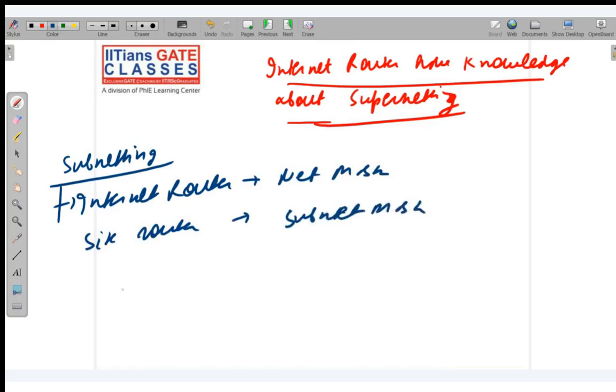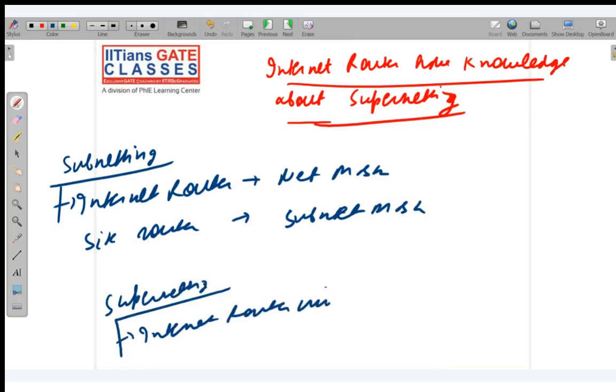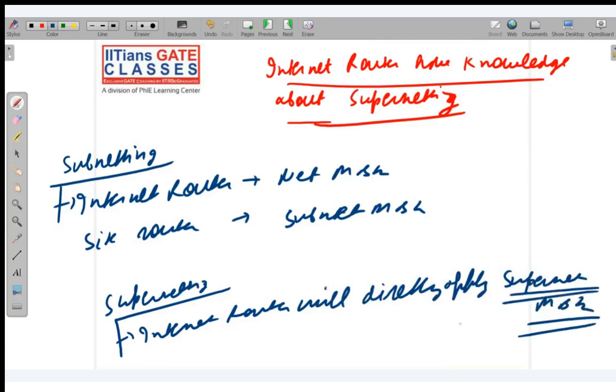But in the case of supernetting, the internet router will directly apply the supernet mask.